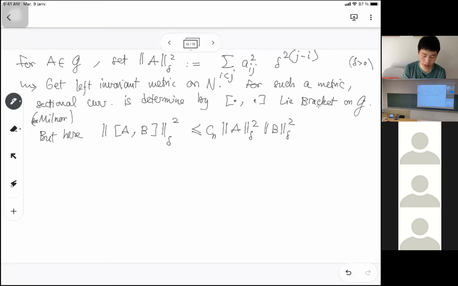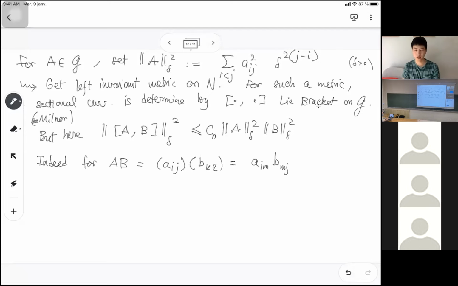In order to check that, let's look at, for example, a product, say AB. So AB is the product of A_ij and B_kl, and it's going to be the sum over m of A_im B_mj.